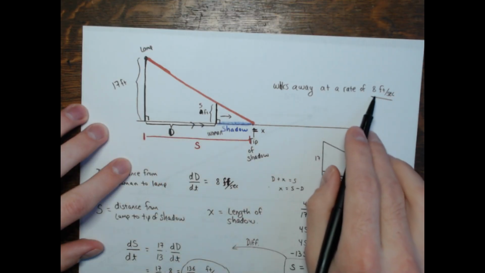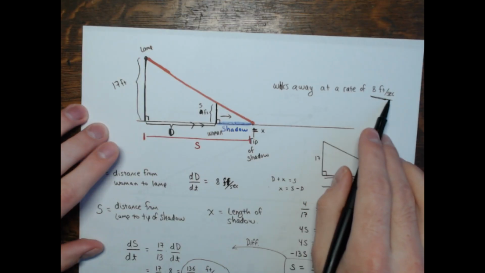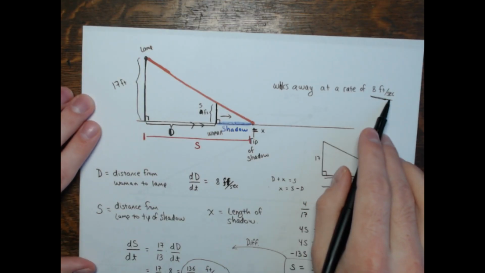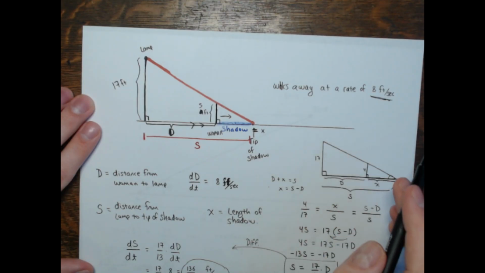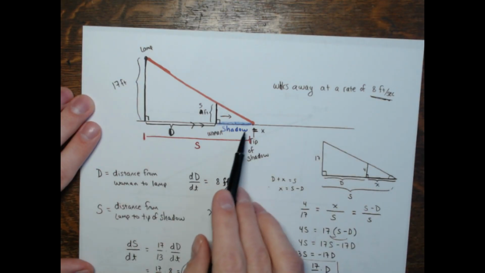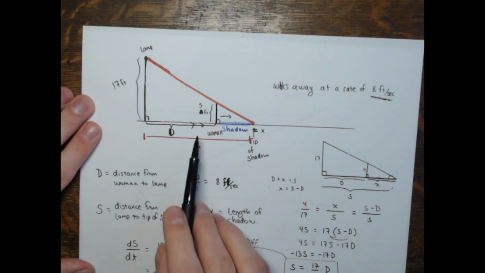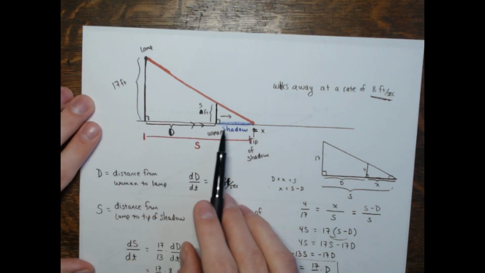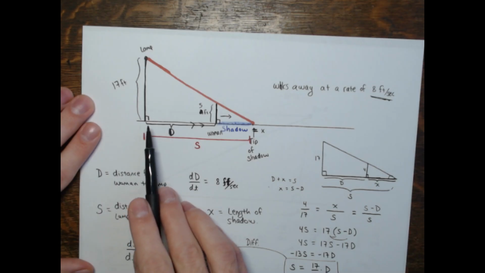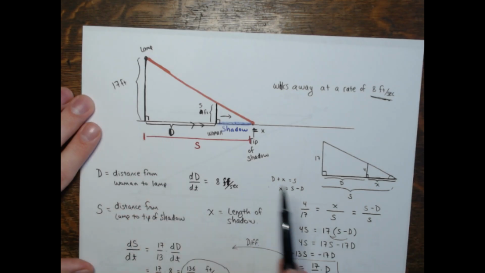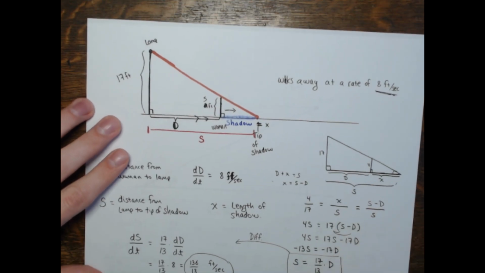She's walking away at 8 feet per second again on a straight path. And the question is, how fast is the tip of her shadow moving, ds dt, away from the base of the pole when she's 18 feet from the pole?